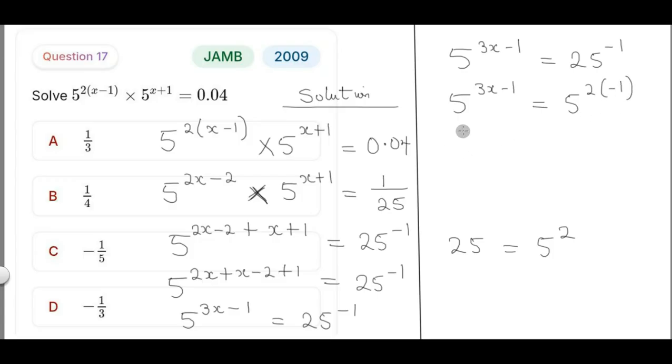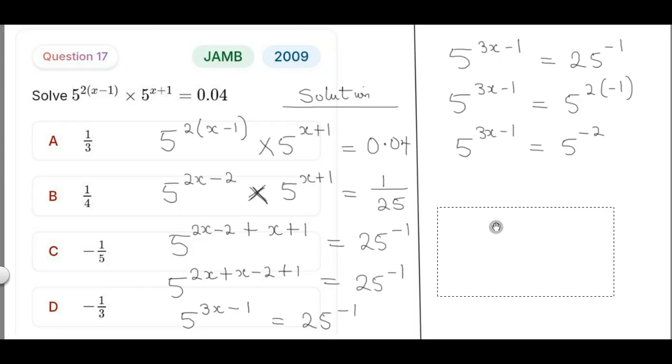So this will be 5 raised to the power of 3x minus 1 equal to 5 raised to the power of 2 times minus 1, which gives minus 2. Having done that, we can now cancel out. This 5 will cancel out this 5.